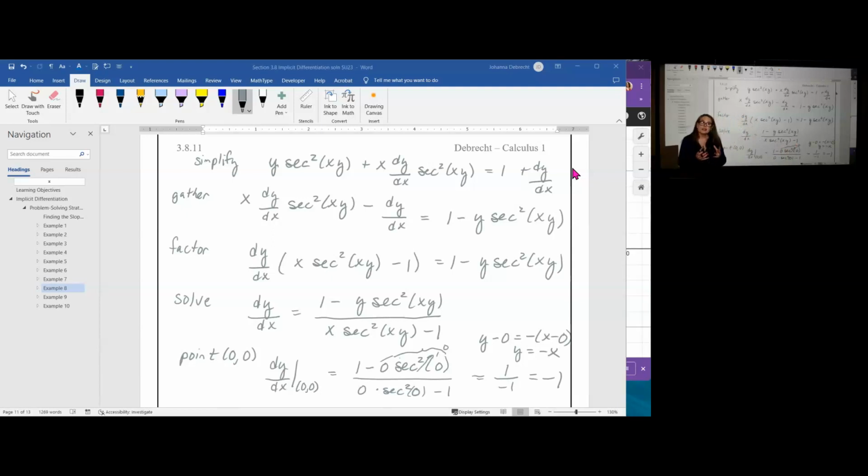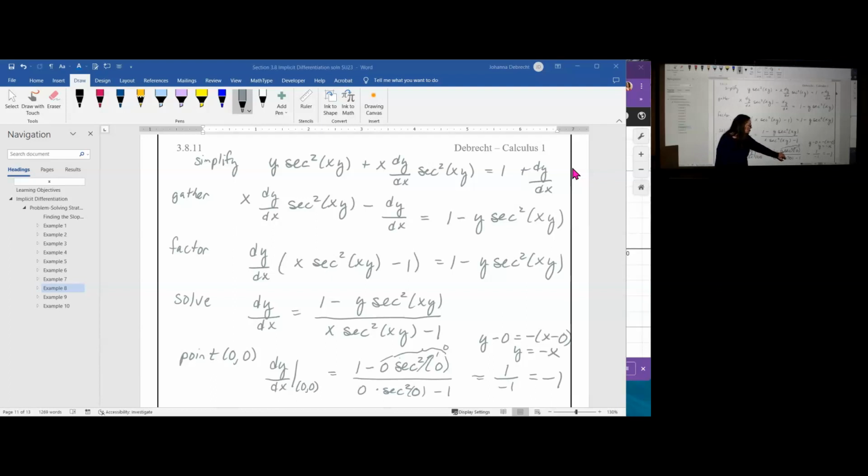We wanted to find the slope of the tangent line at the origin, so we replace both x and y with 0. Now, secant of 0, of course, turns out to be the reciprocal of cosine of 0. And the cosine of 0 is 1, and 1 divided by 1 is still 1.